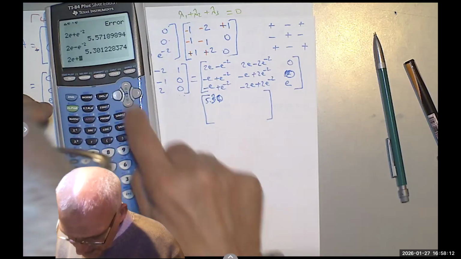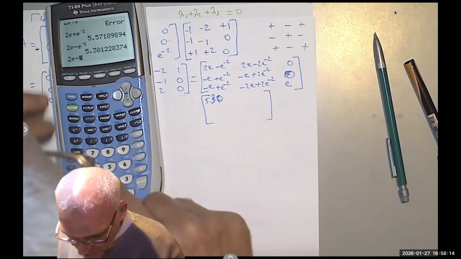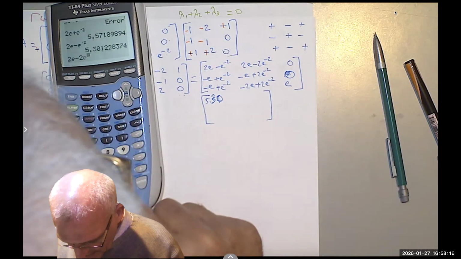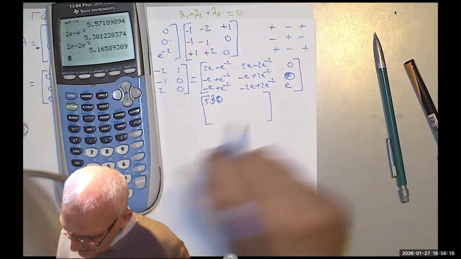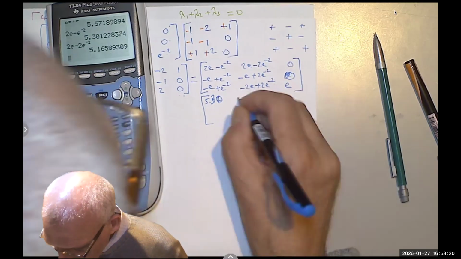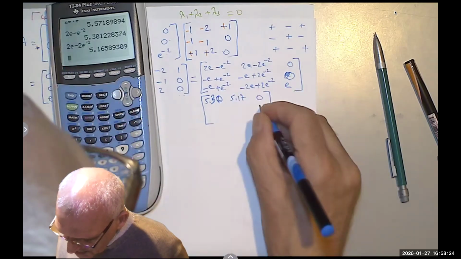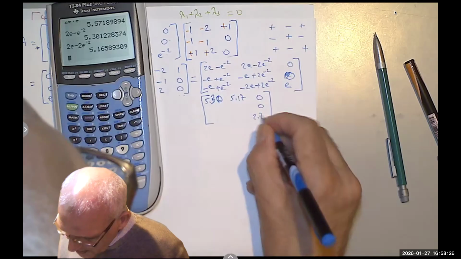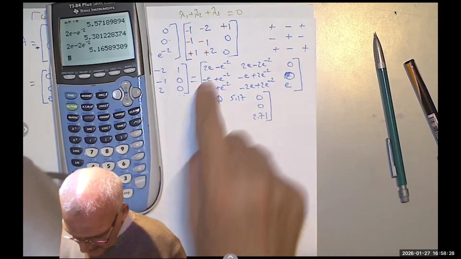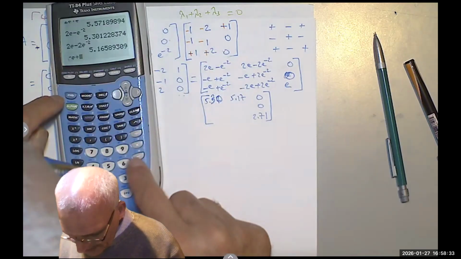How about the second one? 2e, oops, again plus, minus 2e to the negative 2, 5.17. The last one is 0, 0, and this is 2.71. If we use 2 decimal places, I have negative e. I will show you why I'm doing that.